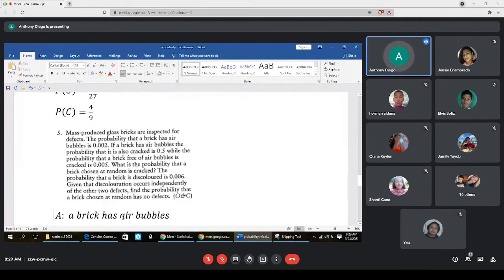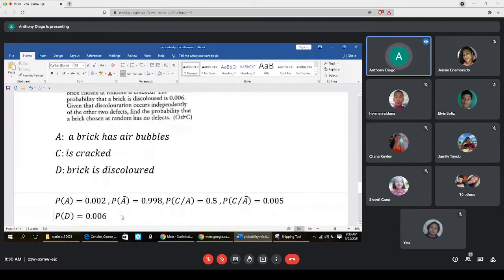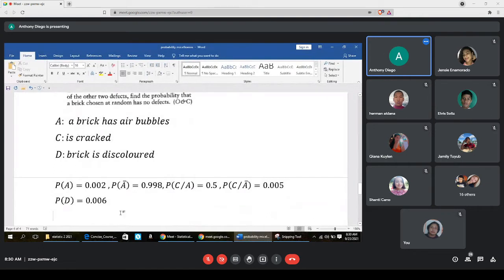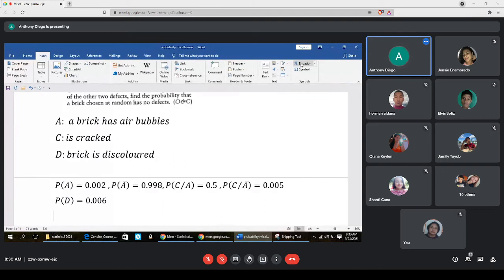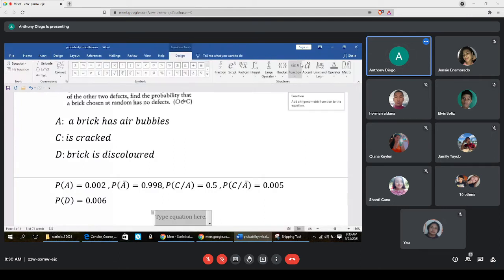Okay, so they want the probability that the brick chosen is cracked. So what would be the formula for that? It tells you it is cracked. So the probability that a brick chosen is cracked.